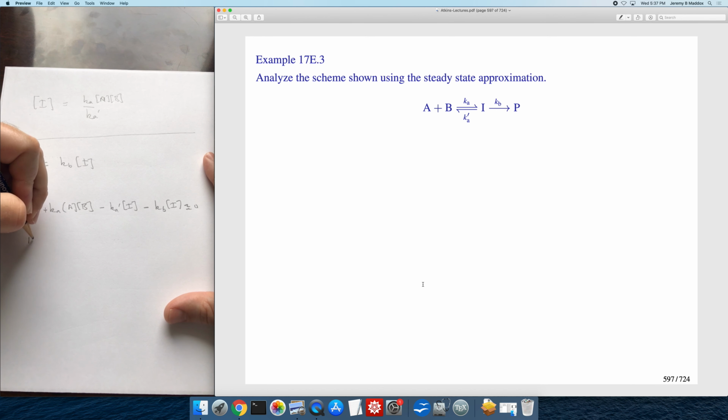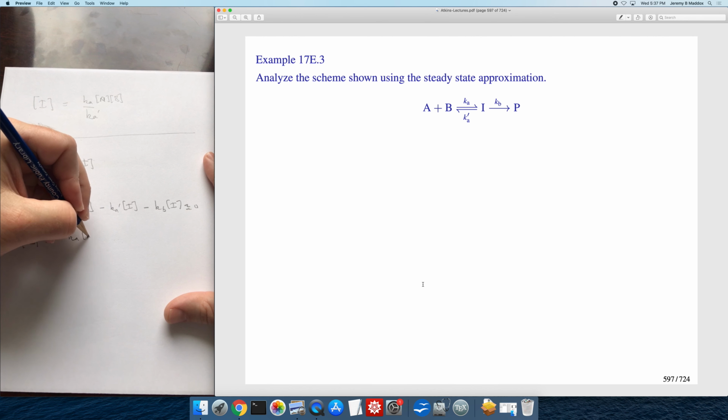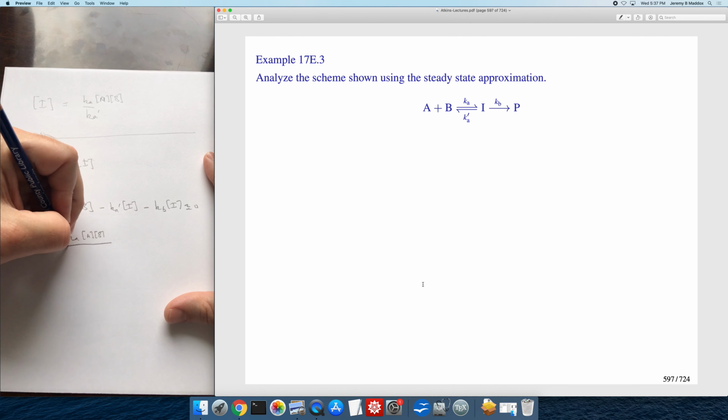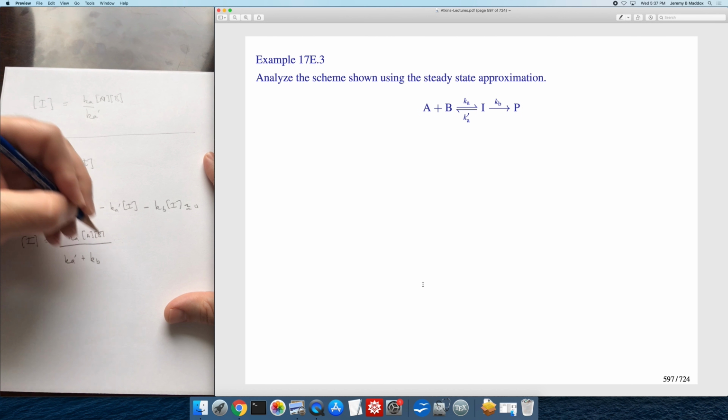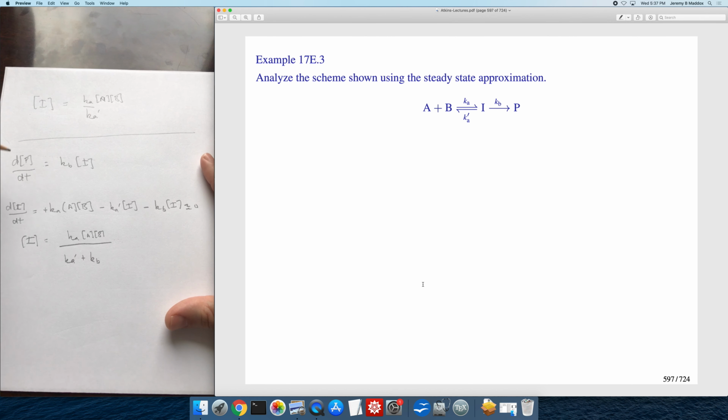Rearranging, solving for the intermediate concentration, gives us an expression like this, and then we substitute that into our equation for the product time derivative.